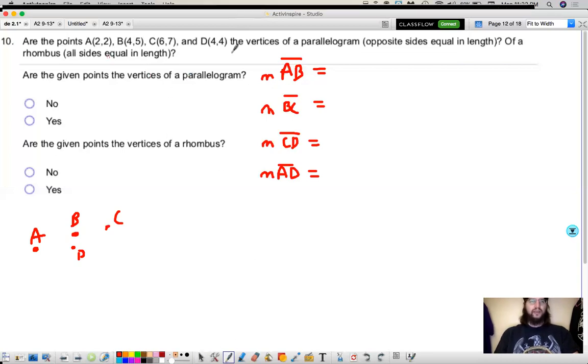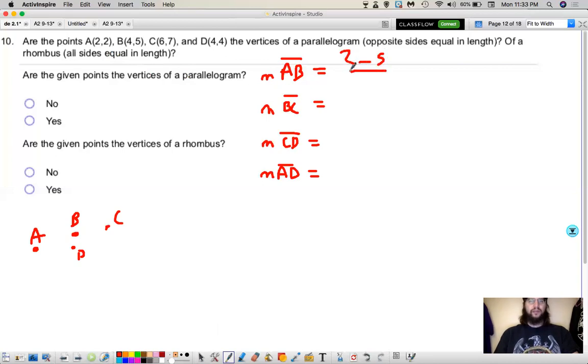All right, A to B. 2 minus 5 over 2 minus 4. -3 over -2. 3/2. Okay. That tells us nothing at the moment.